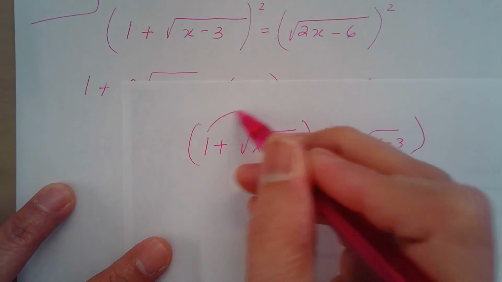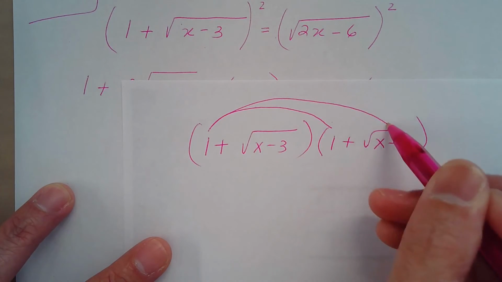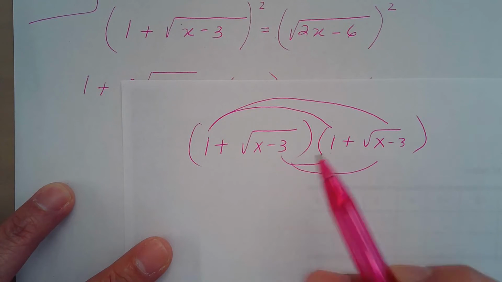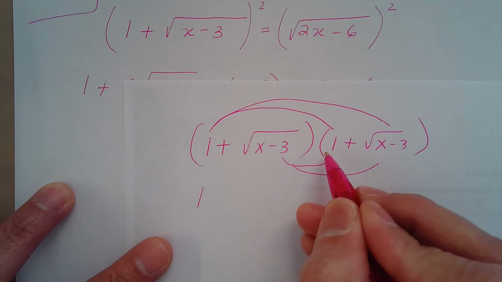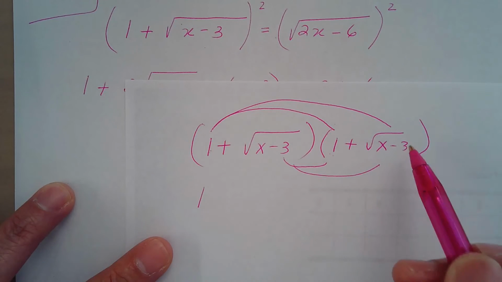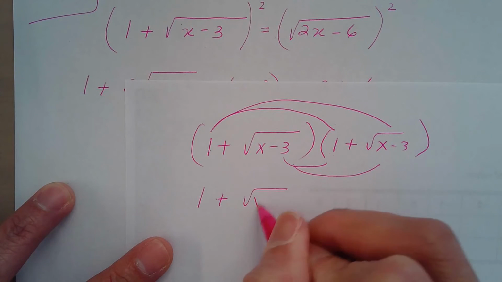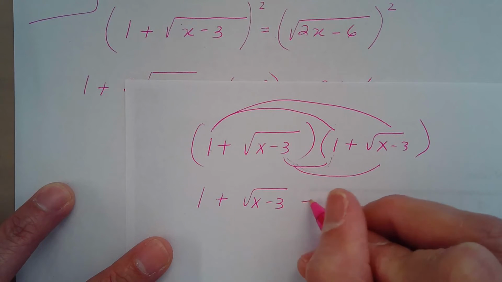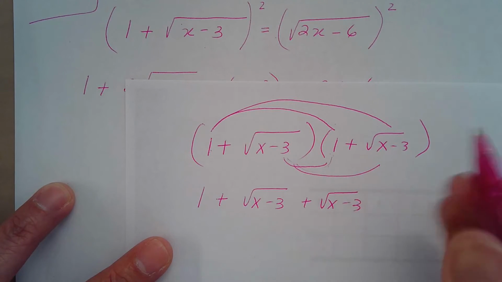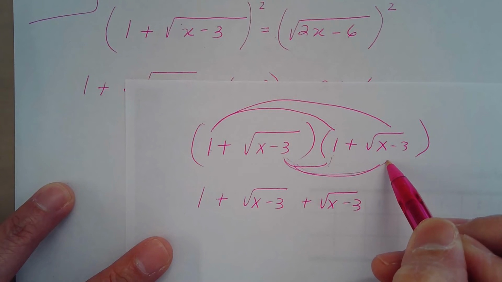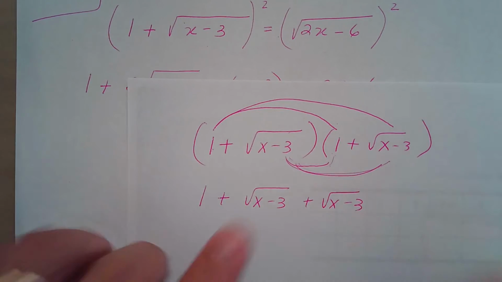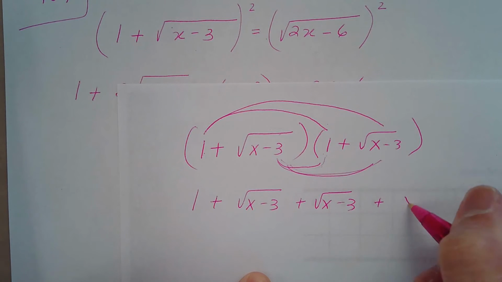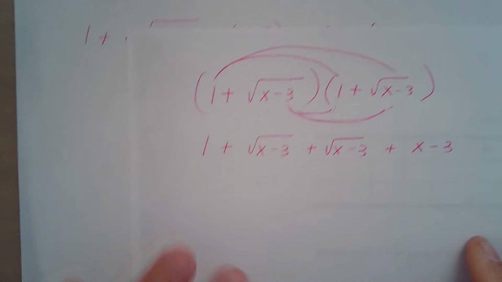If we do firsts, outsides, insides, lasts, then you're going to have 1 times 1 is 1. 1 times that gives us root of x minus 3. And these two are another root of x minus 3. And then x minus 3 for these two. Right? It's going to be x minus 3.